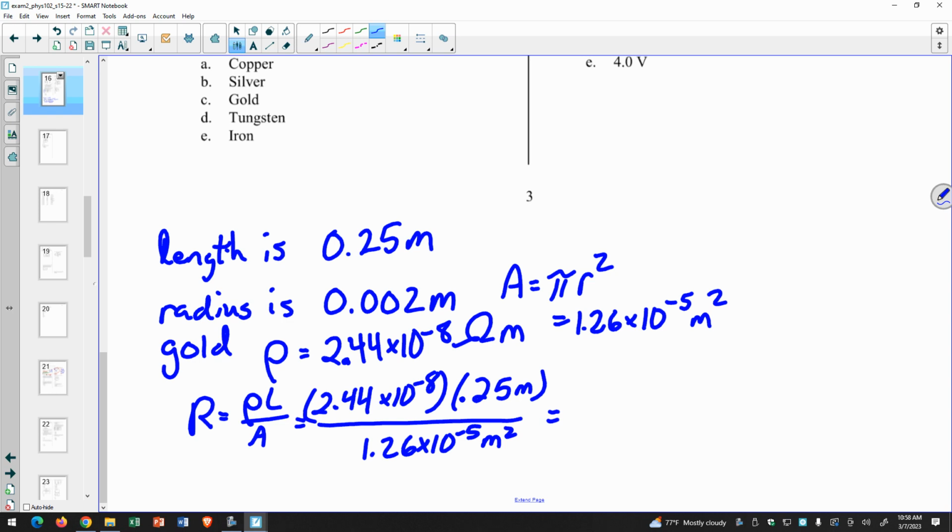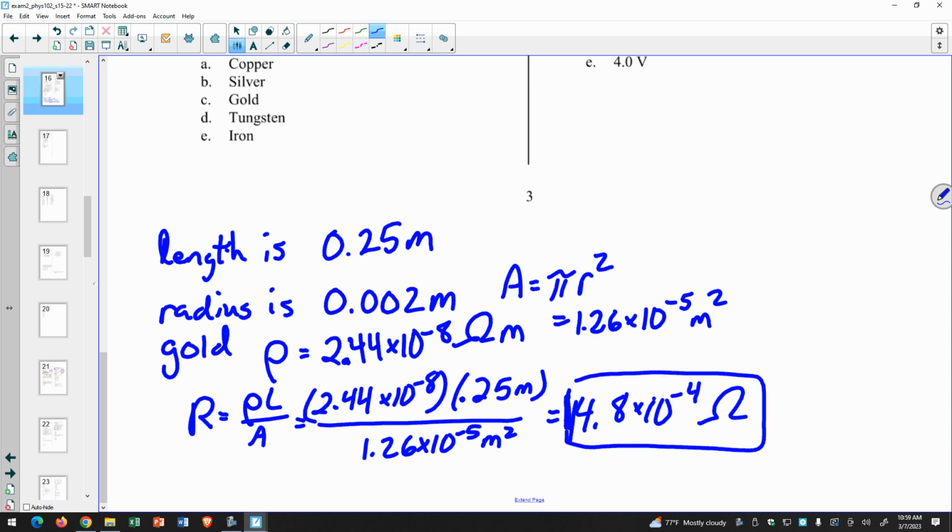And then I can solve that for the resistance. I get 4.8 times 10 to the minus 4. I don't know what y'all got, that's up to you. And that's in ohms.